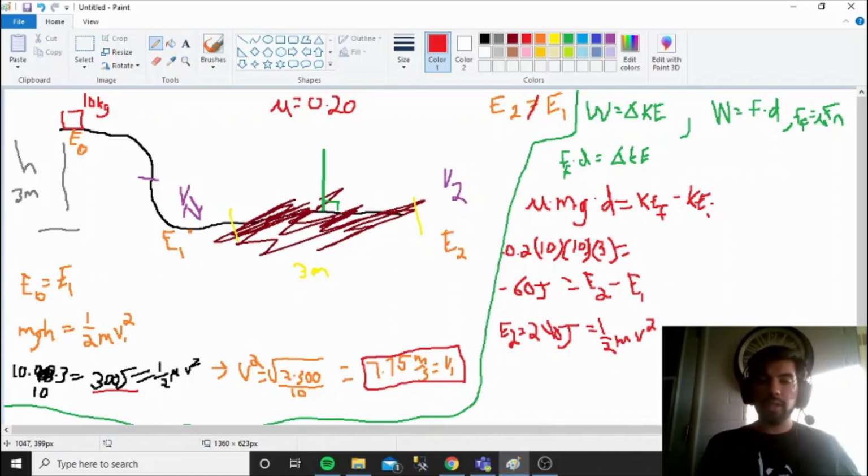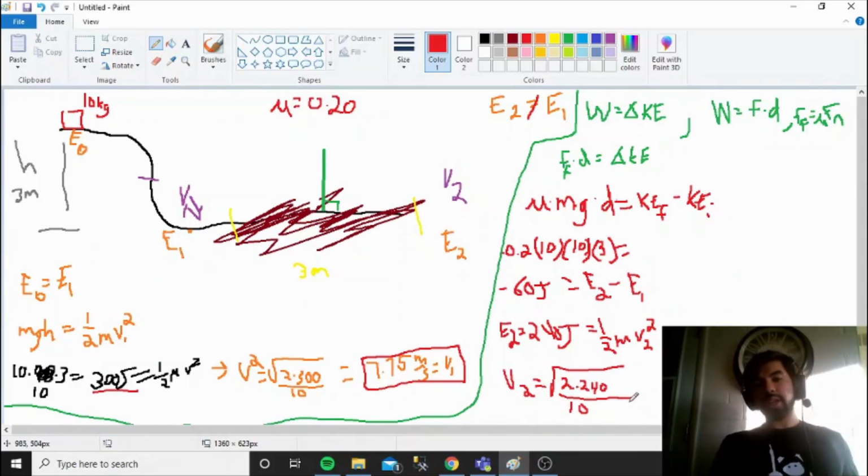So the velocity after the muddy part is going to be v2 equals the square root of 2 times 240 divided by, and it just so happens that my mass is the same, 10. So 480 divided by 10, and the square root of that should be right below 7.